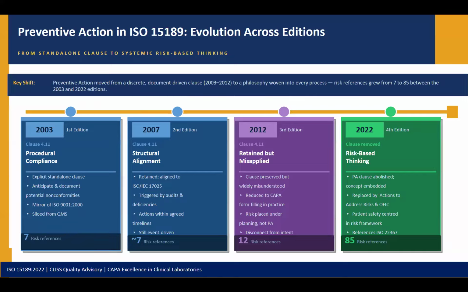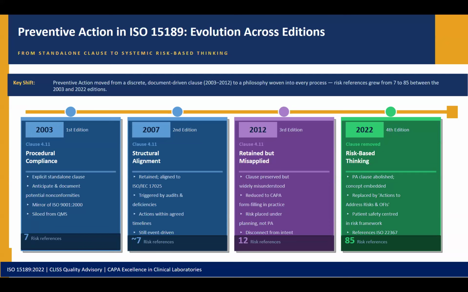But still, it was an event-driven approach, which is why we started having the terminology of CAPA, corrective action, preventive action, because it always came after corrective action, hence the two being implemented alongside each other.